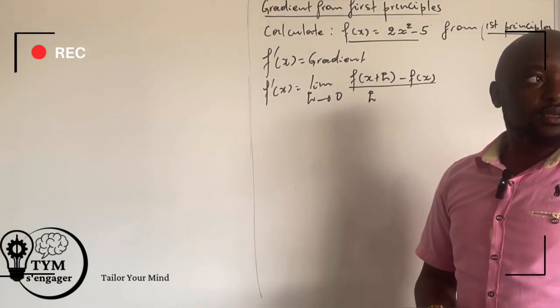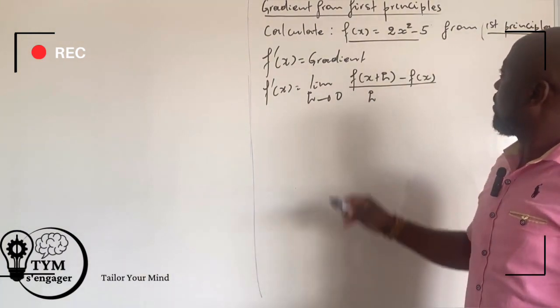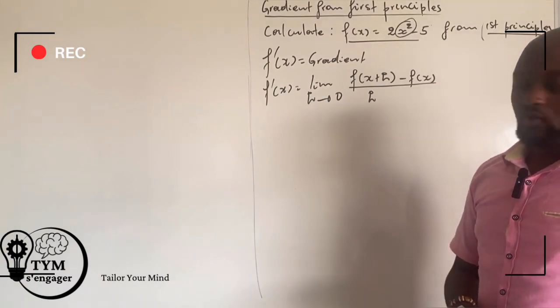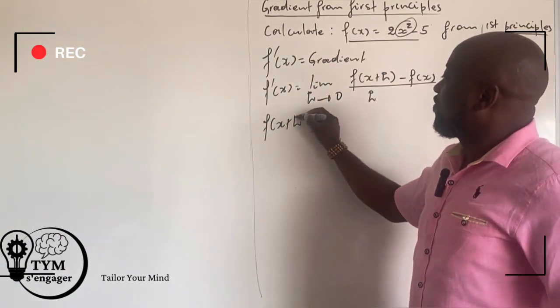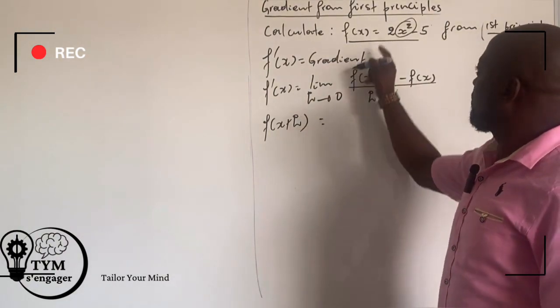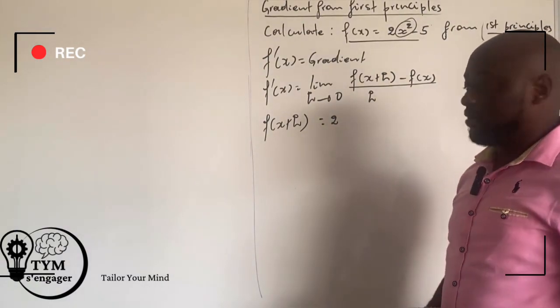Yes, so we say f of x plus h only in the place where you find your x. So do try to work out your f of x plus h from the given equation. In this case, we've got our 2. 2 is just a number, you keep 2 outside.